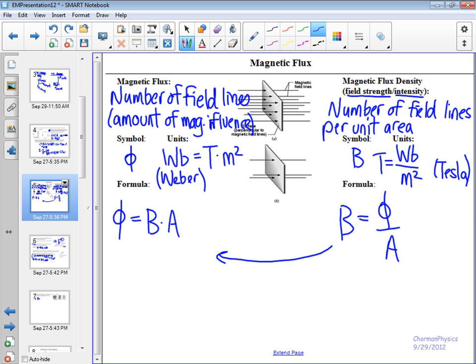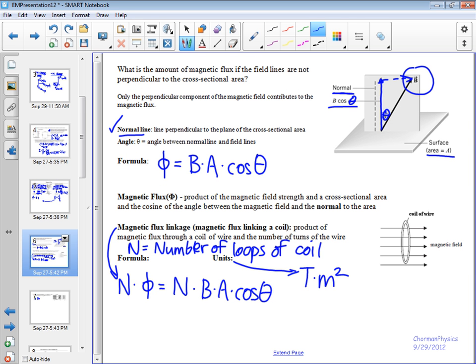Now, when we deal with these field lines, in the previous image you saw that they were all perpendicular to the surface that we were considering. What if they're not? Well, if they're not, we need to consider the component of the magnetic field that is perpendicular through the surface, A. In this drawing, we have our magnetic field line, B, and it's not perpendicular to A, and it makes an angle of theta, we'll call it, with the normal to that surface.